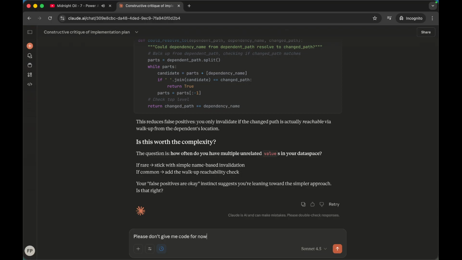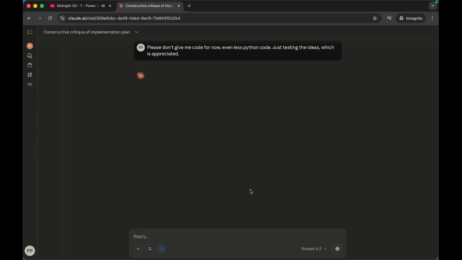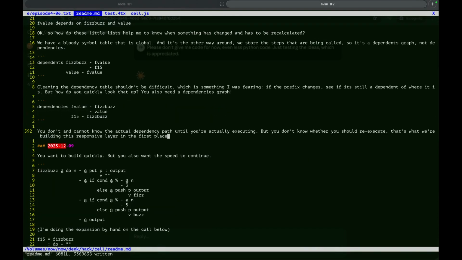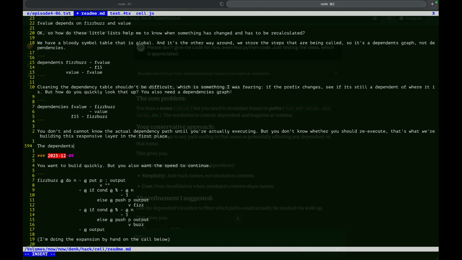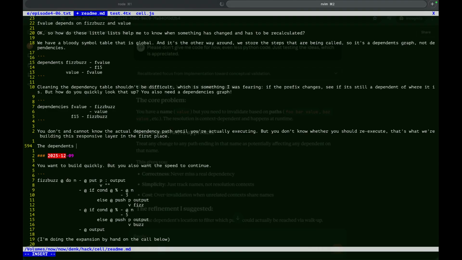Give me code for now. This Python code. The dependence can only be single steps.